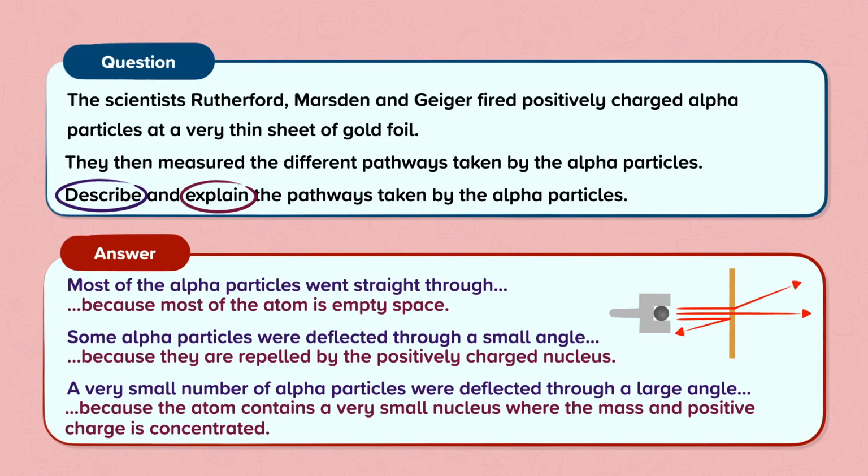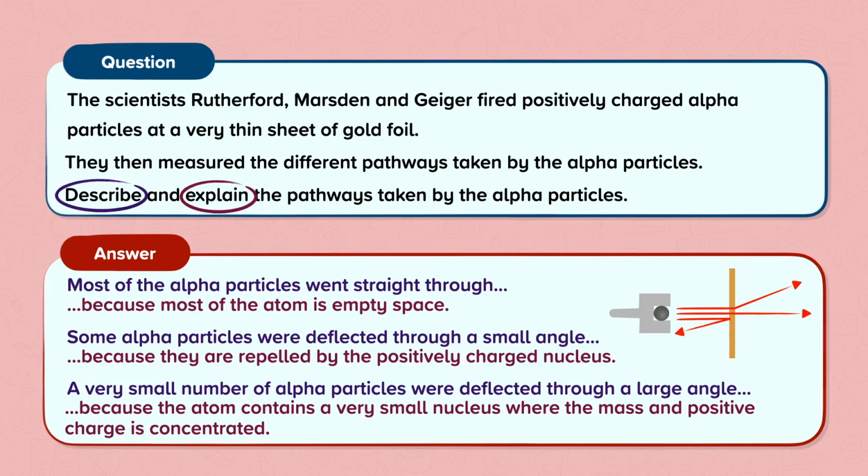So only a very, very few alpha particles are going to be heading straight for that nucleus in order to be deflected backwards through a large angle. Remember what Rutherford said? This is like firing a missile at a piece of tissue paper and having it bounce back at you. You wouldn't expect that to happen at all, obviously. So this only happens to a small number of alpha particles because the nucleus is so little.